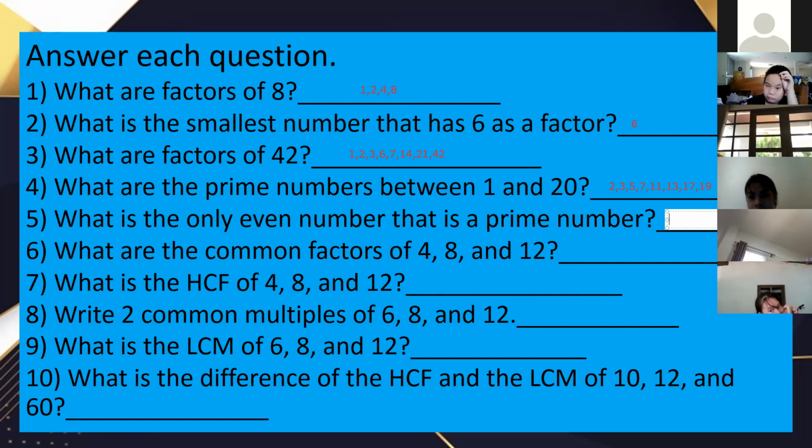Oh, only even number. I don't know, I always repeat even number, even number. What is an even number? 11? 11 is not an even number.